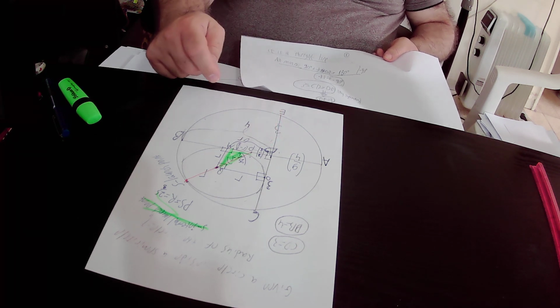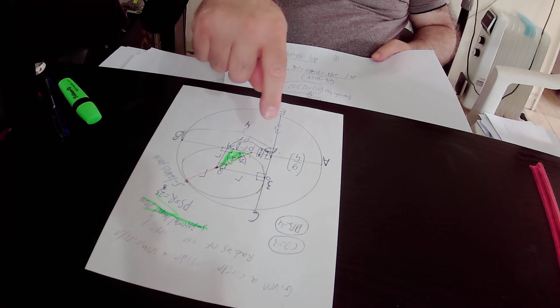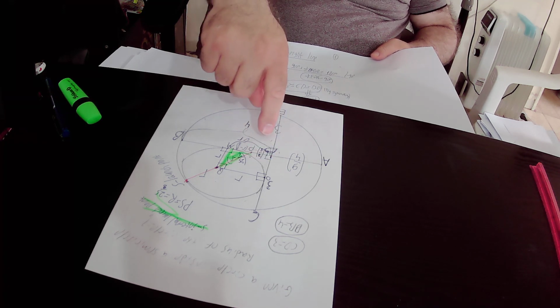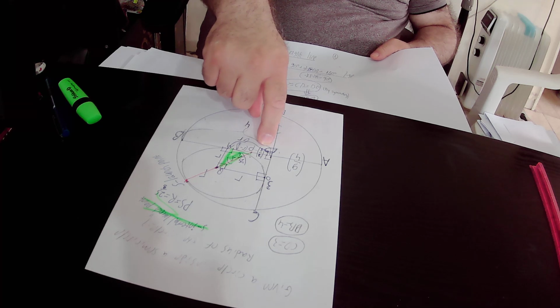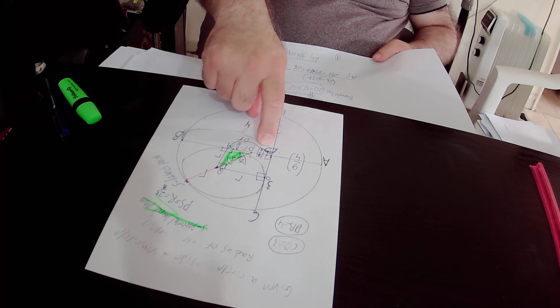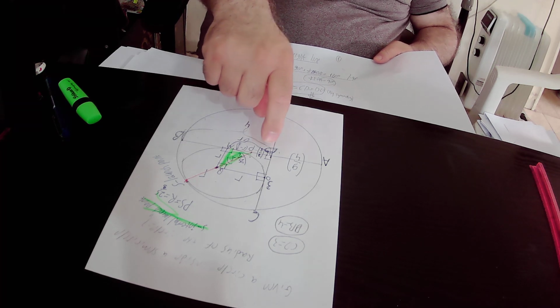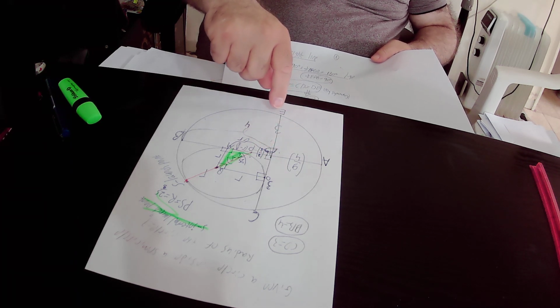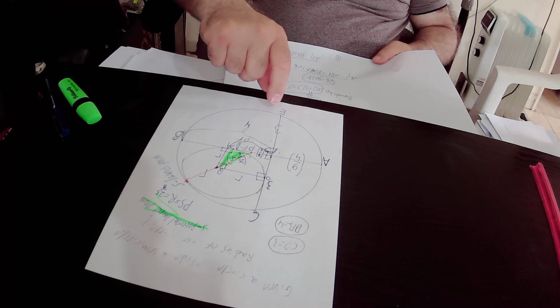So angle CDB equals 90 degrees, and angle EDB is also equal to 90 degrees.